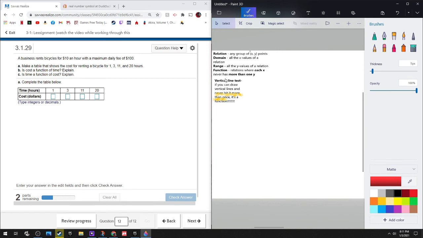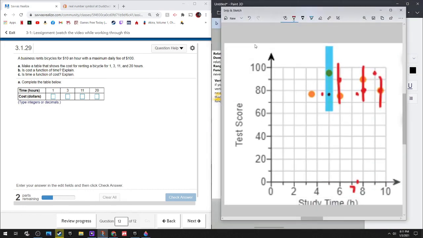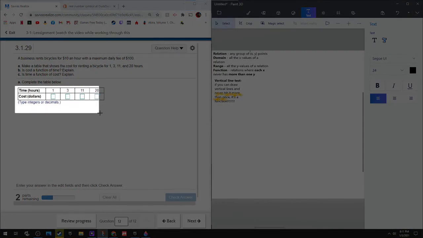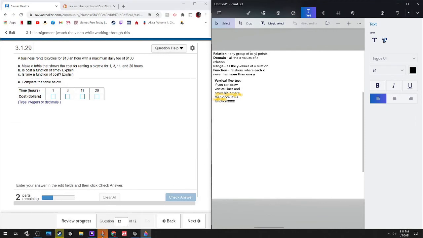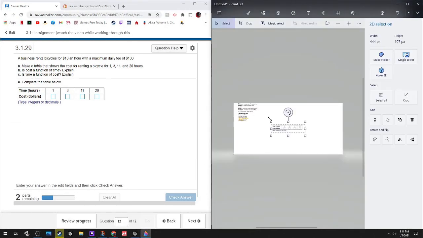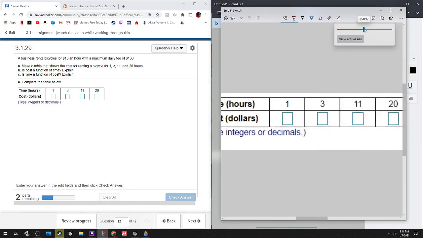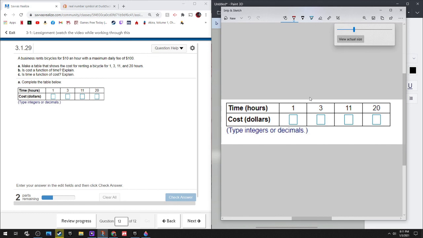All right, let's make the table. Oh wait, why would I make the table when I can copy paste the table? Just use the snipping tool. This thing's great. All right. So $10 an hour. Oh, so like at 1 hour it's $10.